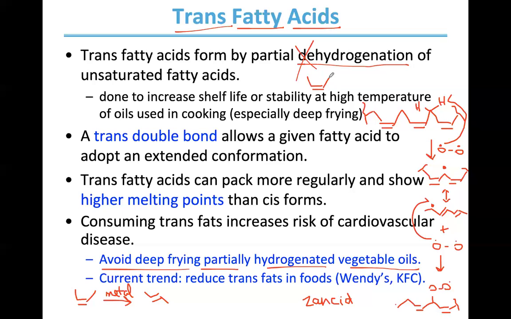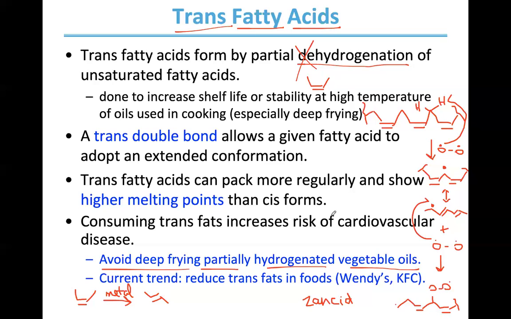That oxygen biradical is removing it to create the radical, and then through resonance we have... What we're trying to do, so this is the side process. Sorry, the formation of the trans fatty acid is a side process. That's not what we want.